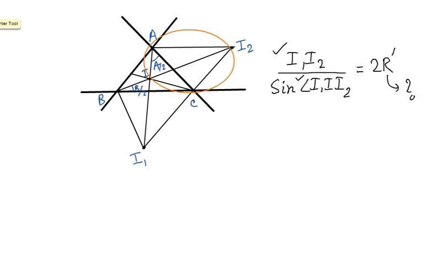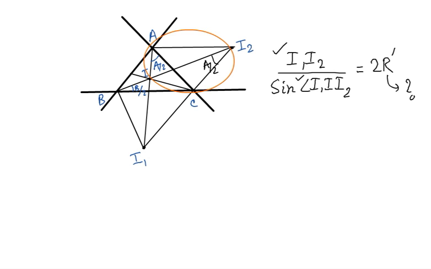Since they're concyclic, we can see that angle IAC must be equal to angle II2C. So the angles II2C and IAC must be equal, so we can say that this angle is A by 2.